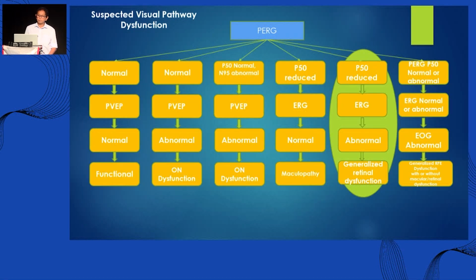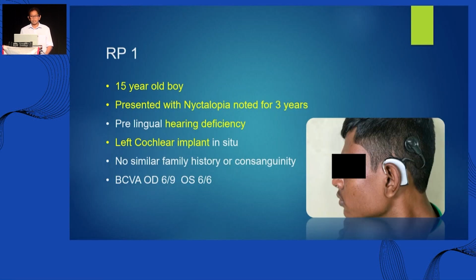Well, the next possibility is when the PERG P50 is reduced and the ERG becomes abnormal. This happens when not only the macula, but the whole retina is abnormal in some way. So this is basically a generalized retinal dysfunction.